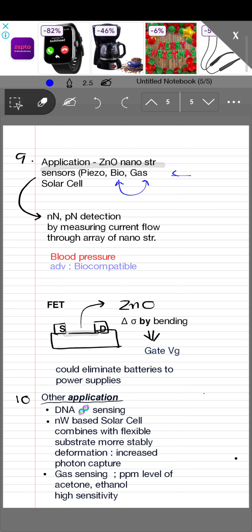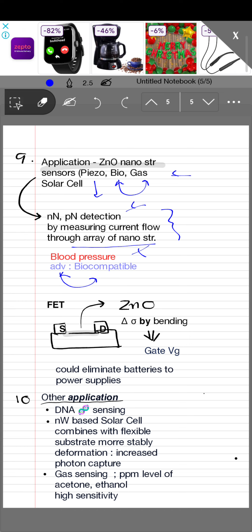Since a piezoelectric sensor is used, they can measure the current flow through the nanostructure, which, in response to a very small deflection, gets captured in the nano-based sensors. This mechanism is used in detecting the blood pressure in the blood. The advantage is that zinc oxide is biocompatible.